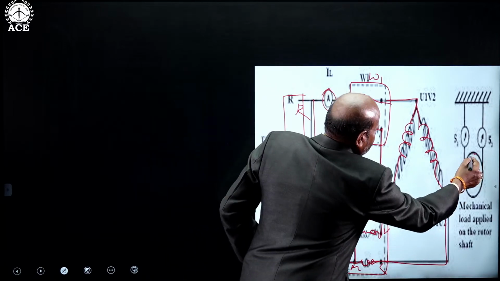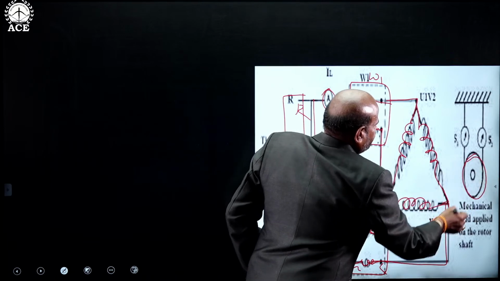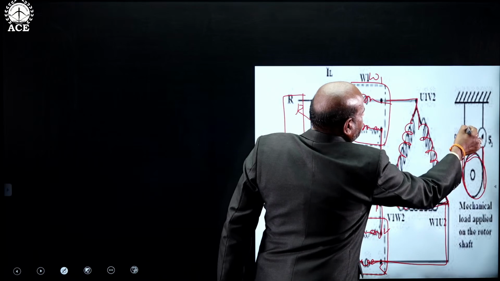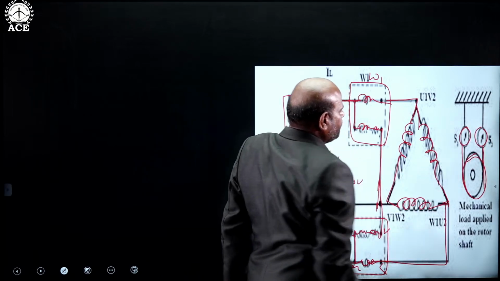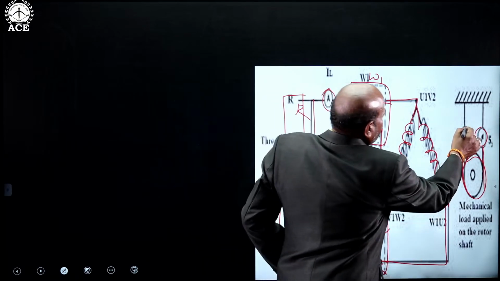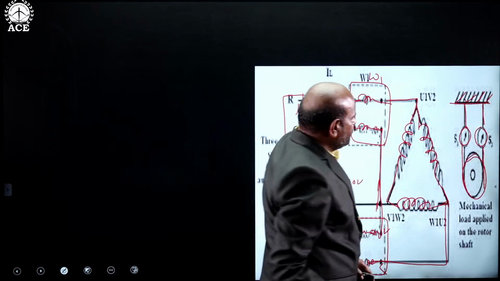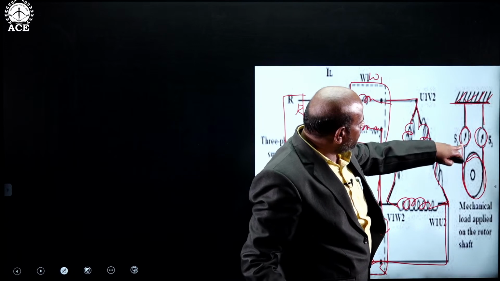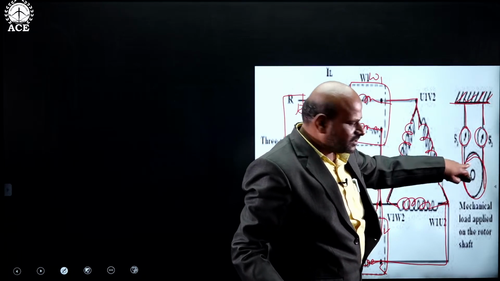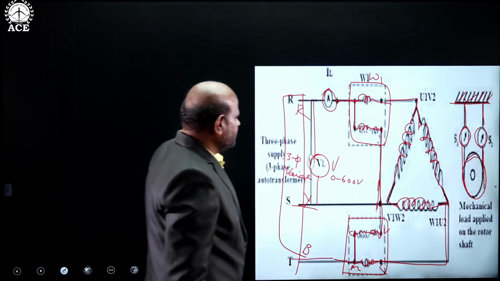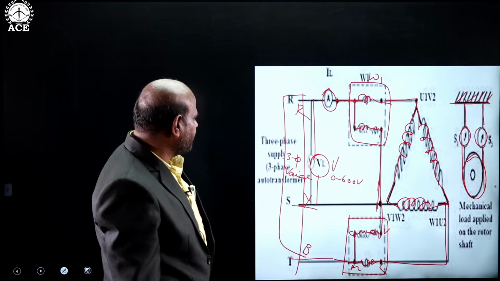This is the rotor of the induction motor. With the help of belts, in order to apply some load, we connect some weights to tighten the belt so that the rotor speed reduces. This is called mechanical loading.